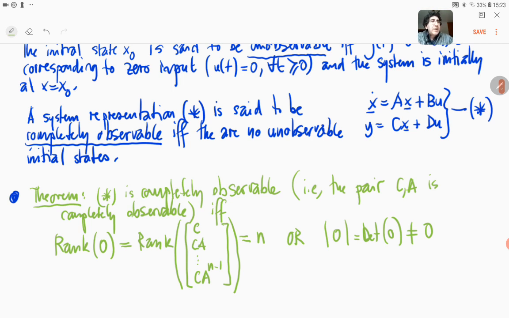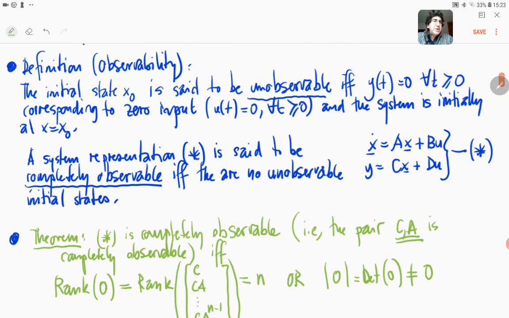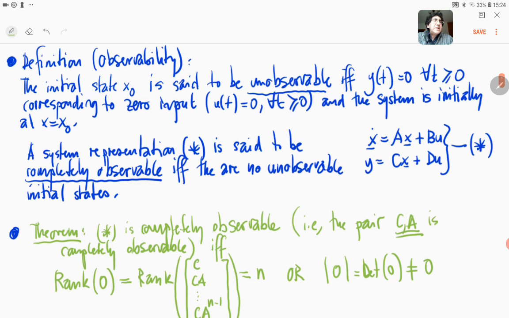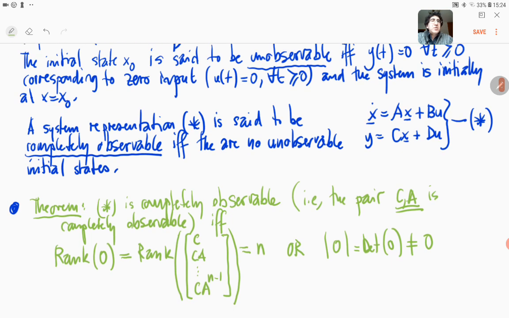Now think about it. Why are we talking about the pair C, A, and why is the B matrix not involved here? Well, because in the definition of the observability, the input is equal to 0. The only thing that counts is whether initial states have an effect on the output. And this is related with the matrix A, because states can have effect on each other, and the matrix C, which connects the states to the output.